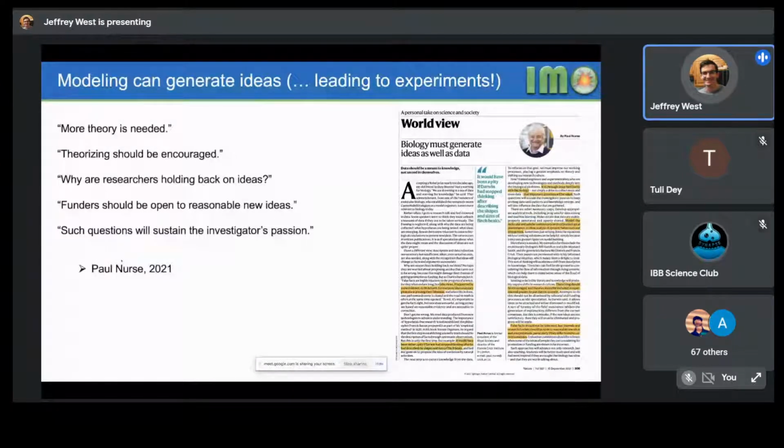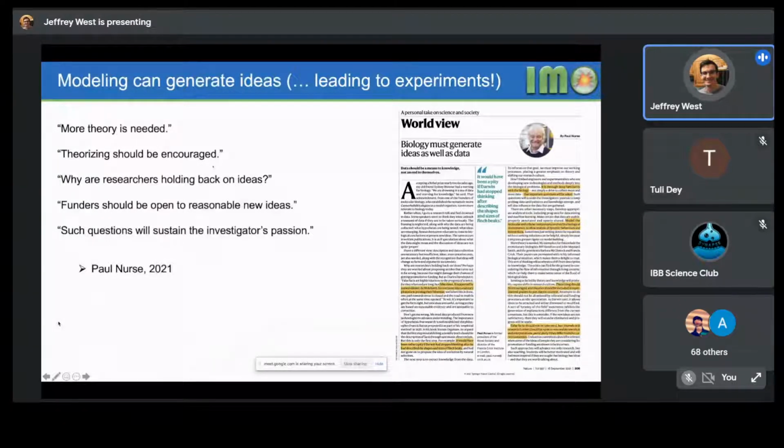This is a really exciting time to be part of mathematical oncology, because there is a lot of encouragement and need for this style of modeling. Here is a recent review paper, a perspective, and there are so many great quotes from it. More theory is needed. It should be encouraged.